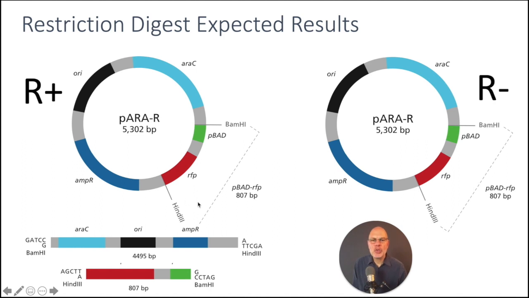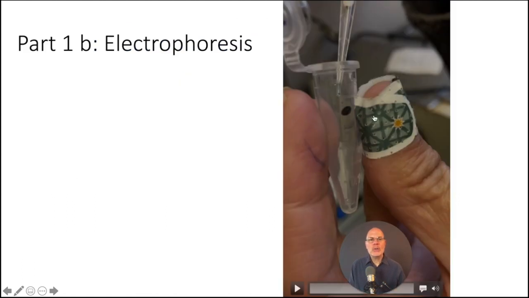And then we'll have the shorter fragment that's 807 base pairs. Now in the plasmid setup that didn't receive any restriction enzyme, we'll have this circle of DNA, the entire plasmid, that's 5,302 base pairs long. So what we're going to do now is set this up for electrophoresis.